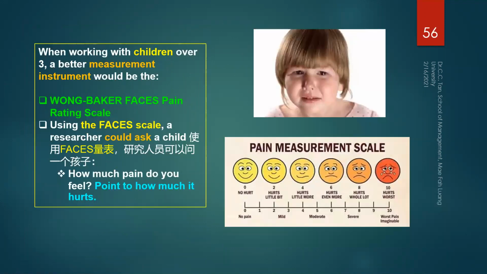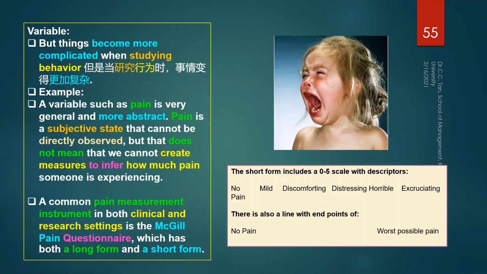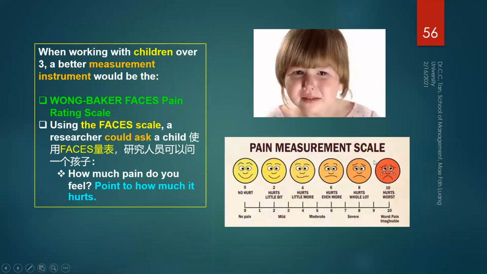And if you are trying to use this for children, it is almost impossible, and you will get unreliable and invalid results because the procedures are such that nobody understands what you're talking about. So when you're trying to ask a questionnaire of children, maybe you have to use something like this, okay? And so people know where they are. Are you here or here or here? And then they will tell you, I'm probably here.